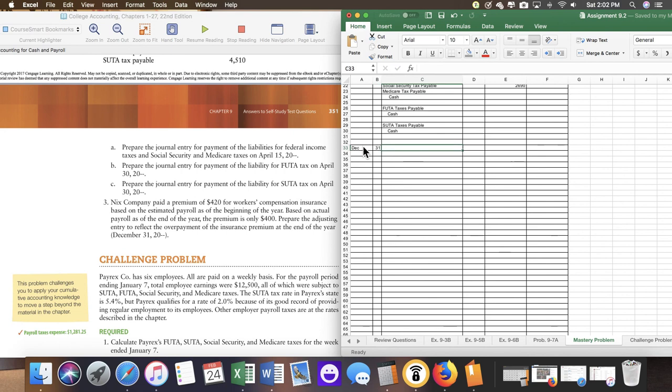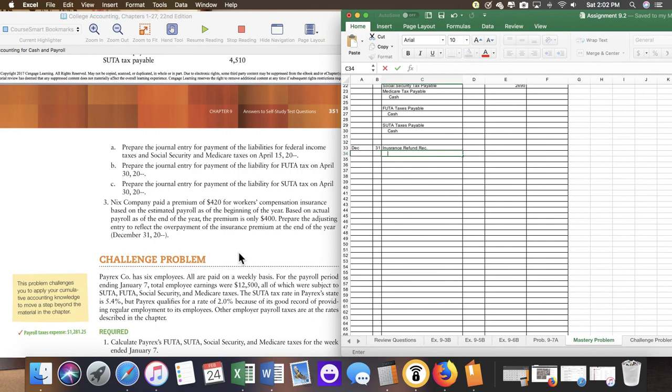You would have the insurance refund receivable. Pardon my typing. And then you would be crediting your expense account that you use for workers' compensation. So you can go back to 9/6 and look at the expense account that we used.